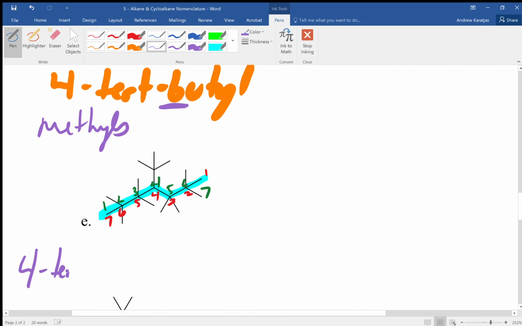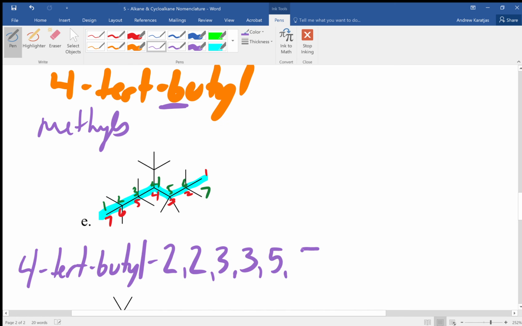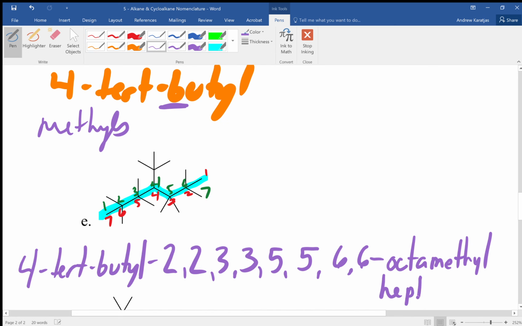We get 4-tert-butyl. So methyls, we have 2 of them at carbon 2, 2 at 3, 2 of them at carbon 5, and 2 of them at carbon 6. So there's a total of 8. Prefix for 8 is octa, so this is octamethyl, and then for the parent chain, heptane.